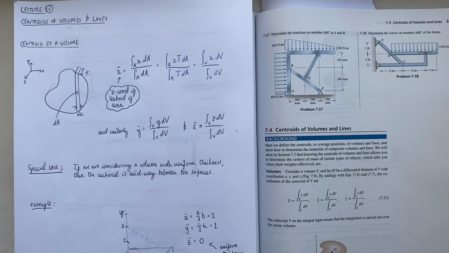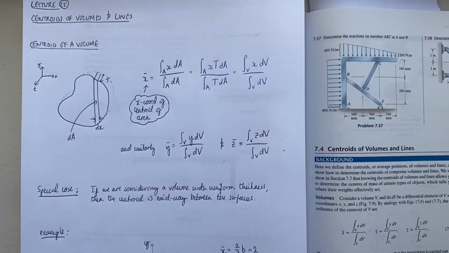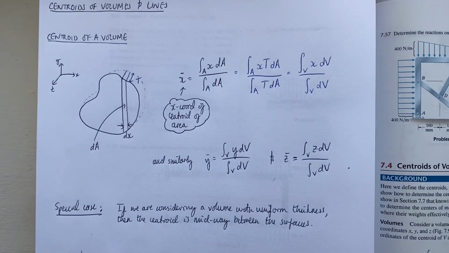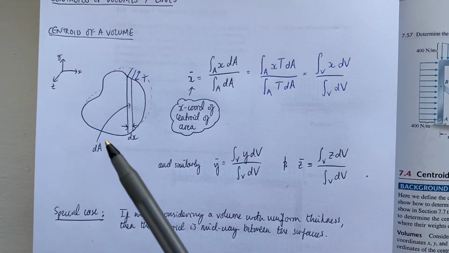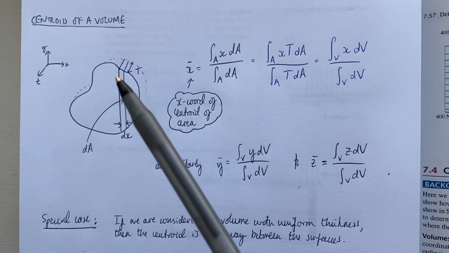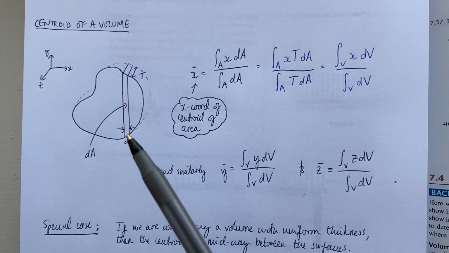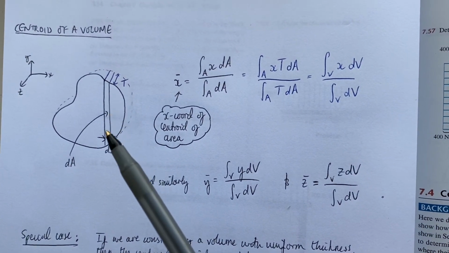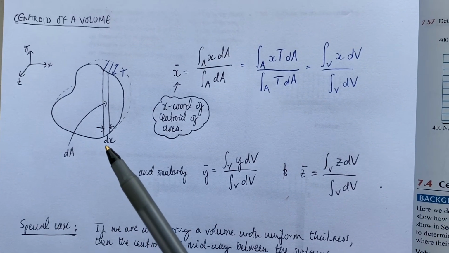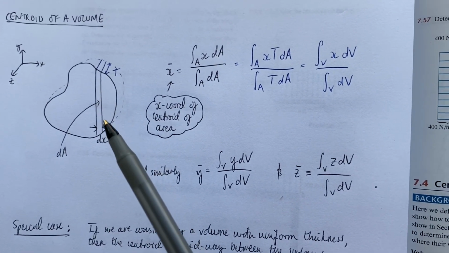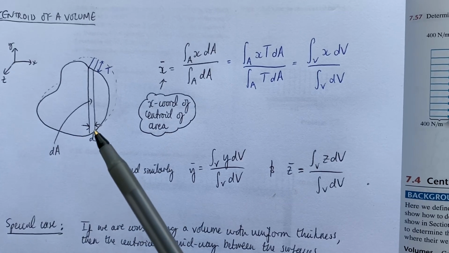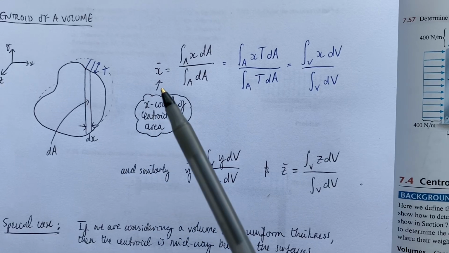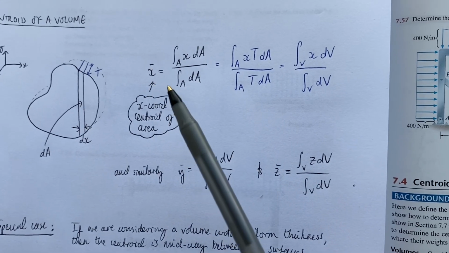So first of all, we're going to be looking at centroids of a volume, and we saw last time that if we have an arbitrary blob and we split it up into strips of width dx, we can find these strip areas dA by multiplying the width by the height, and then we can find the x-coordinate of the centroid of the total area of the shape by using this weighted average type formula here.